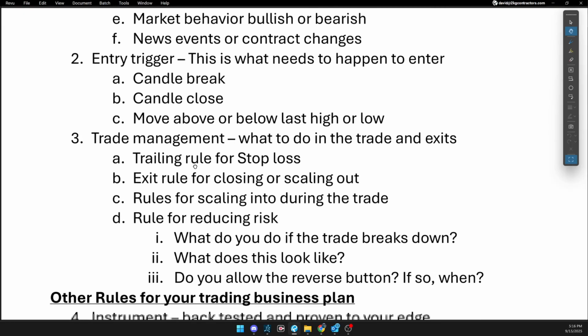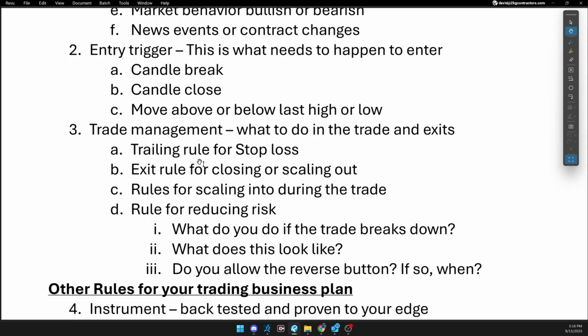So what is your trailing rule for stop loss? I've got some great examples of this later. If you're trailing the safety line, what's your rule for that? How much wiggle room is allowed? What does that look like? Understand that, know that.